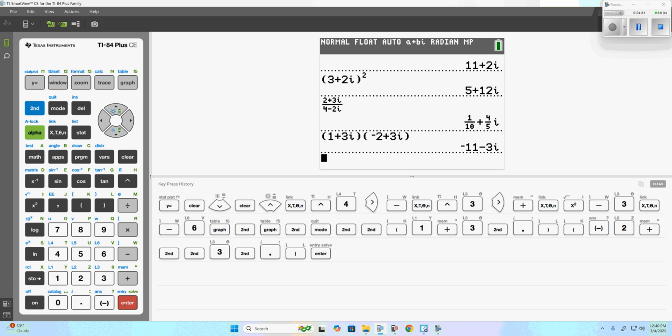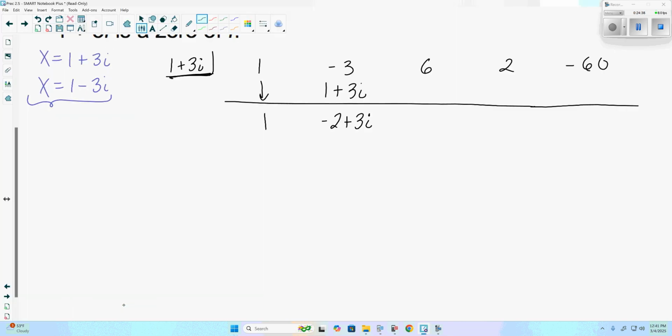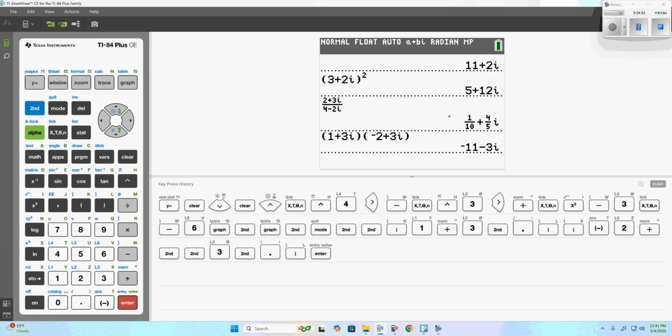It will do it for us, giving us negative 11 minus 3i. Then we need to add straight down. We're going to add 6 to it, which will give us negative 5 minus 3i.